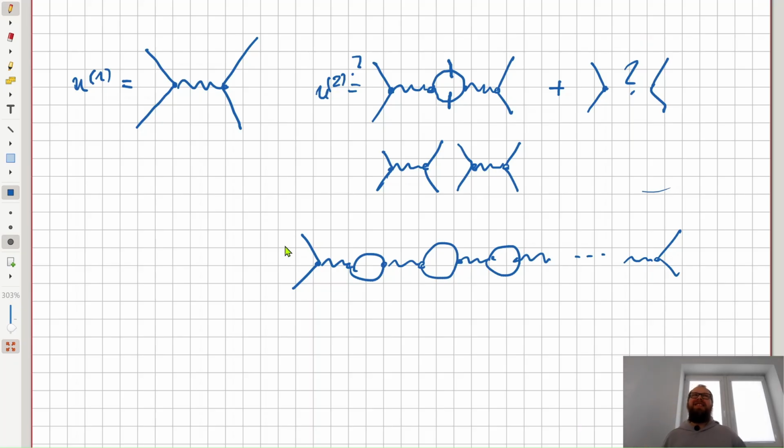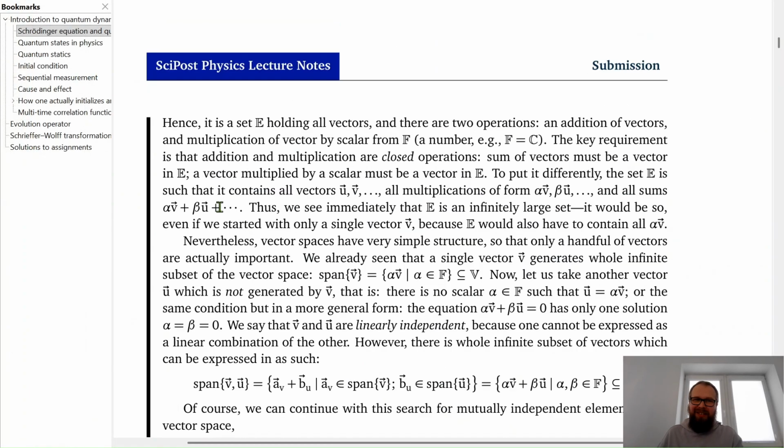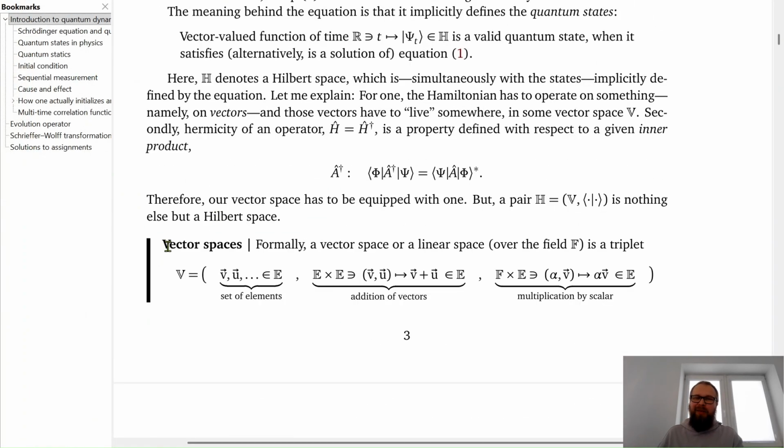So I decided that, you know what, I will explain everything. There will be no stone unturned. If the audience decides that it's too much, just let me know, and I will skip. This is why the notes have those segments, like what is a vector space.